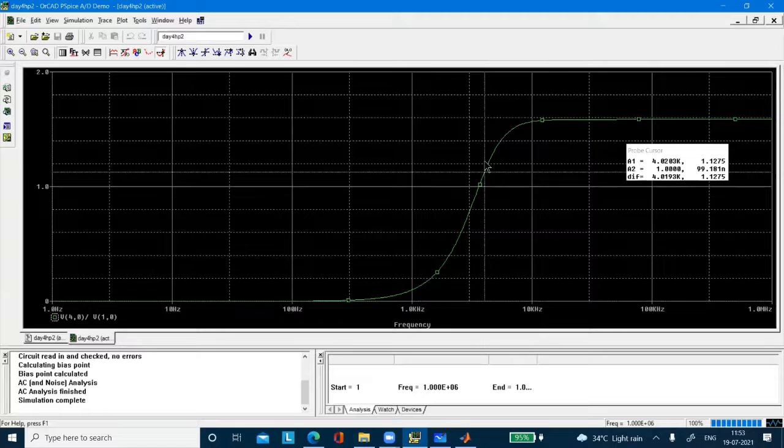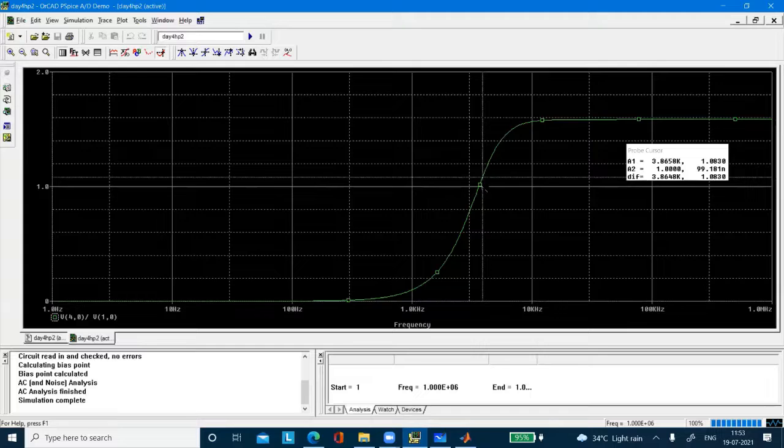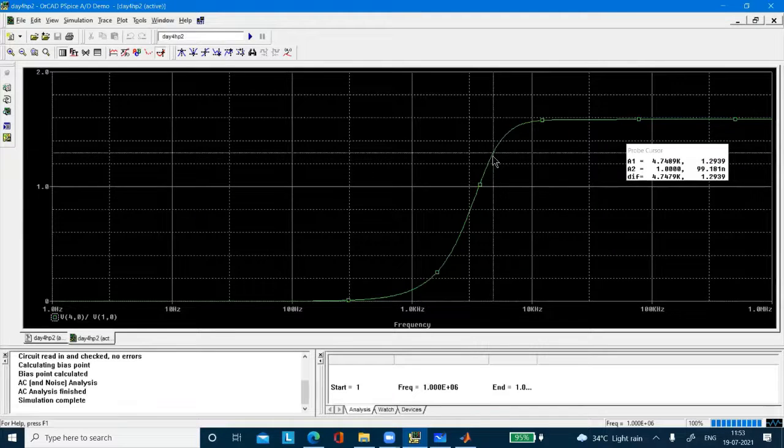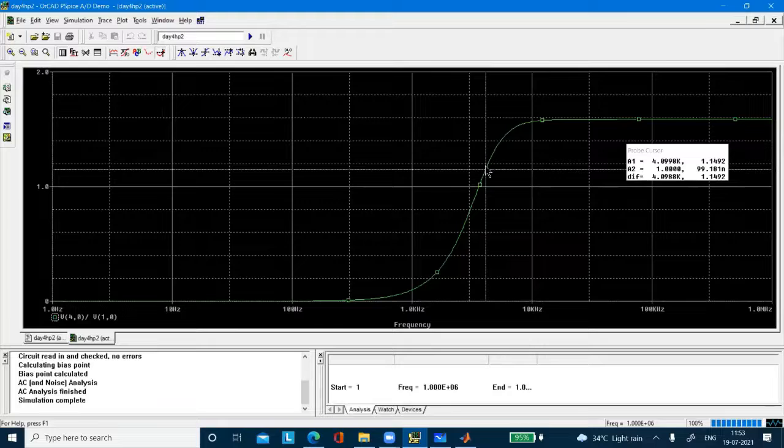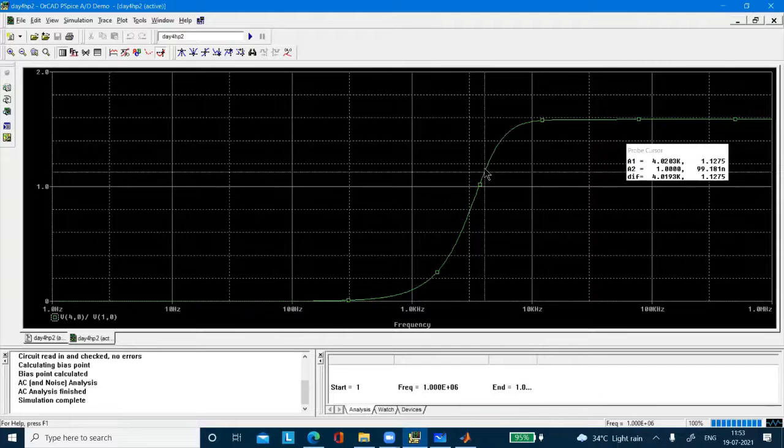Look at the value of gain, it will be 1.586 by root 2, approximately. A1 is 4 kilohertz, 4.02 k, 3.98, approximately 4.0.